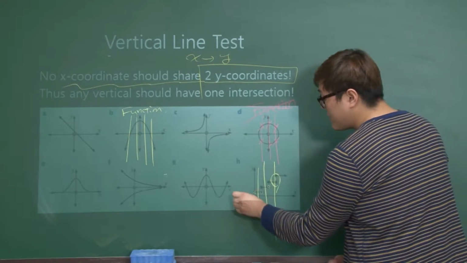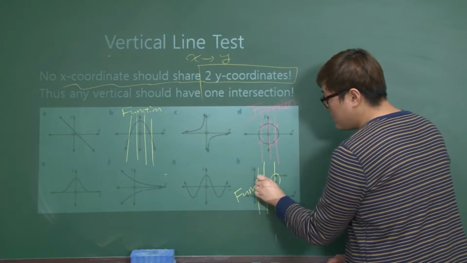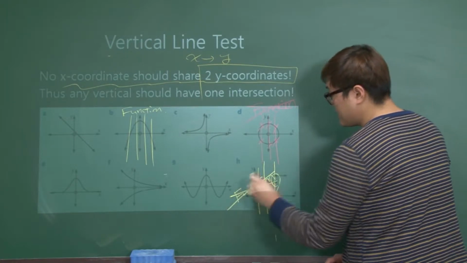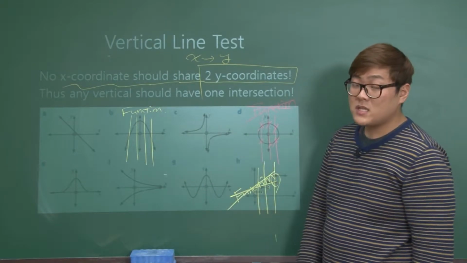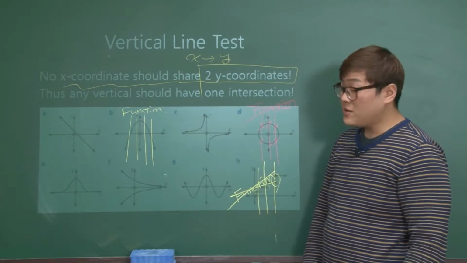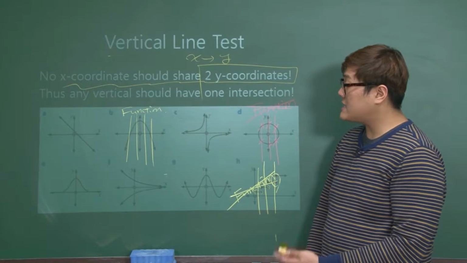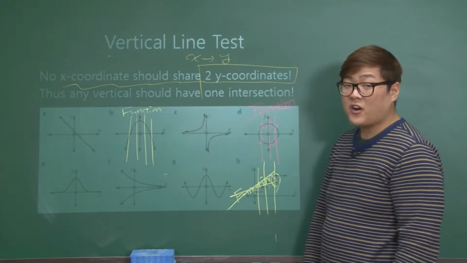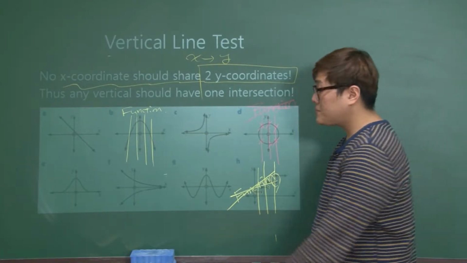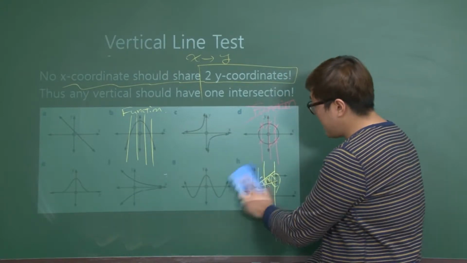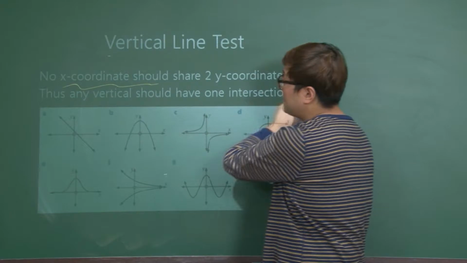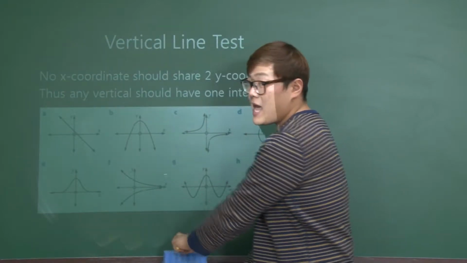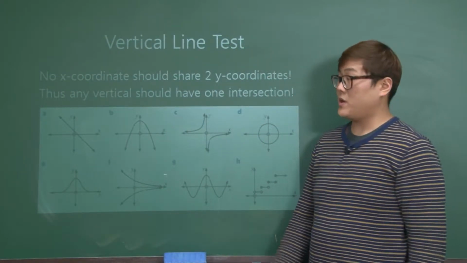So this is not a function. You have 5 remaining, so you can do it at home by yourself and check whether graphs A, C, E, F, G are functions or not. It's really easy. Again, all you need to do is draw some vertical lines and check if any vertical line has 2 intersections or more.